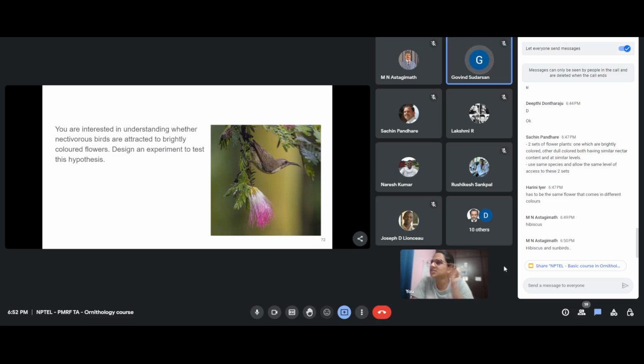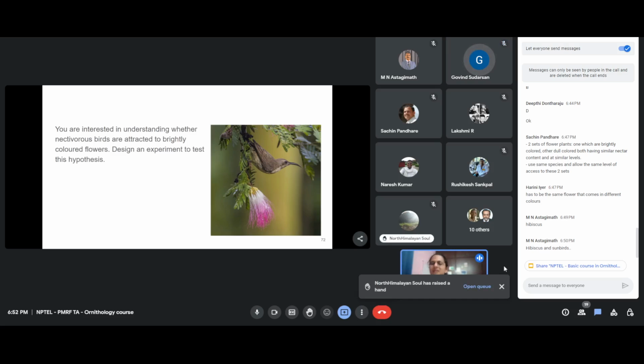You could also spray the artificial flower with some smell of the actual flower. But this is an experimental setup. A lot of people do experiments in laboratories and extrapolate to birds in the wild. But we all know there are so many other environmental factors that act on it, right? So ideally, yes, natural would be best.